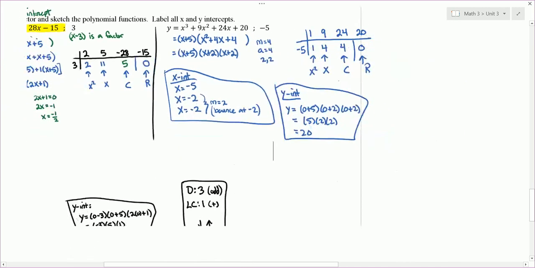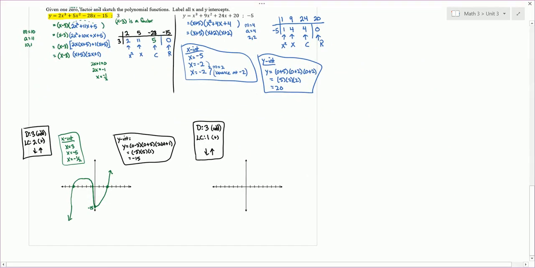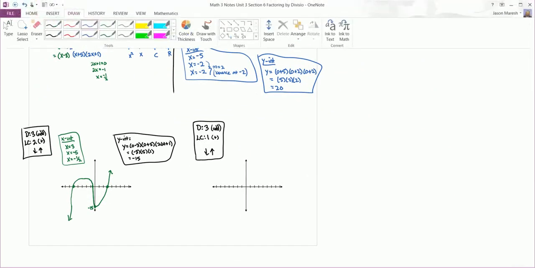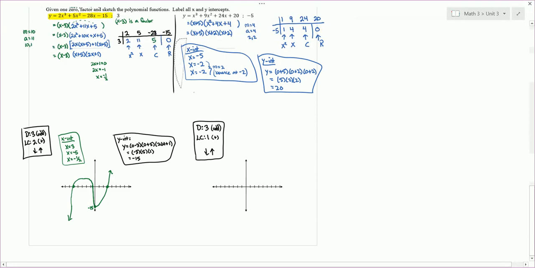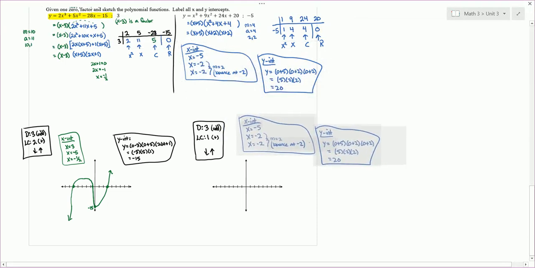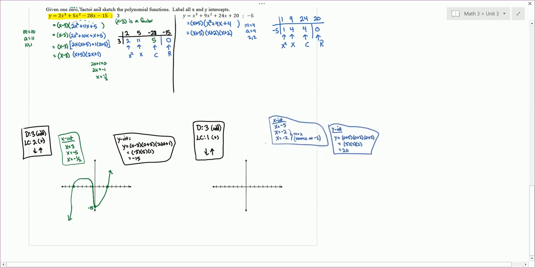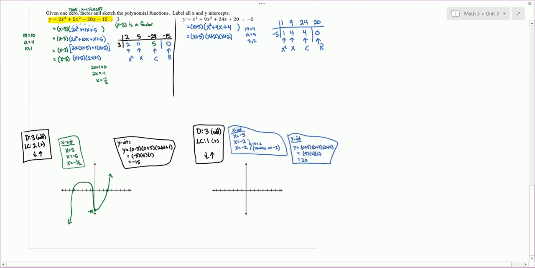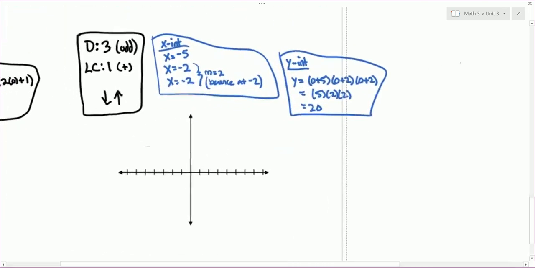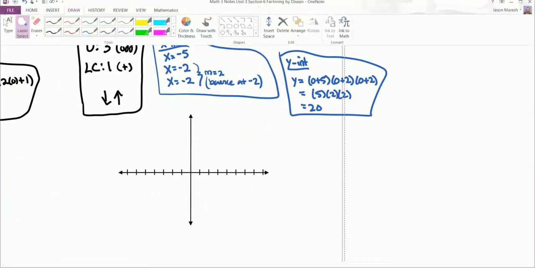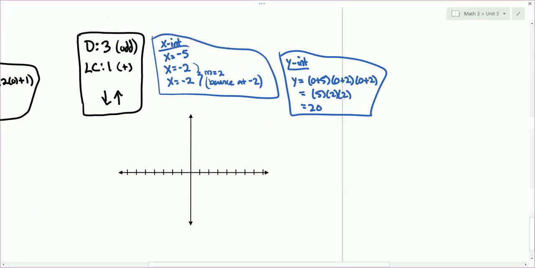Alright, so now let's put our pieces together and put this graph together. So we have an x-intercept at negative 5, 1, 2, 3, 4, 5 to the left, and at negative 2.